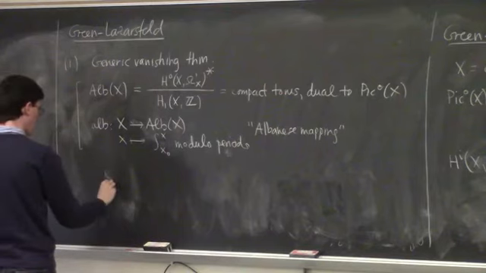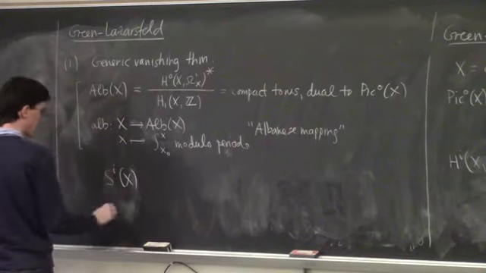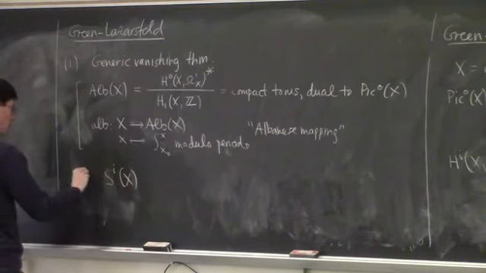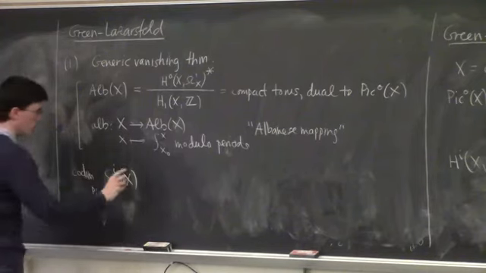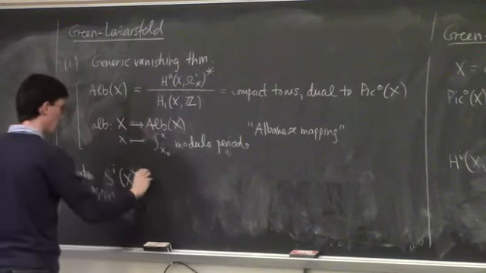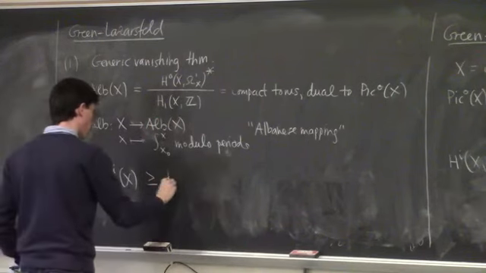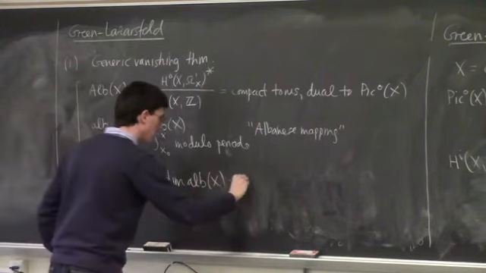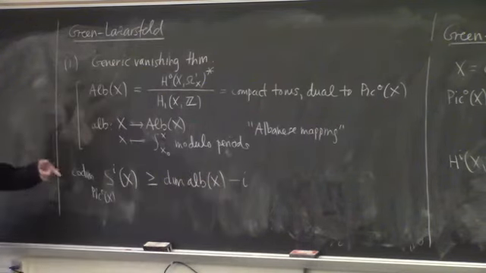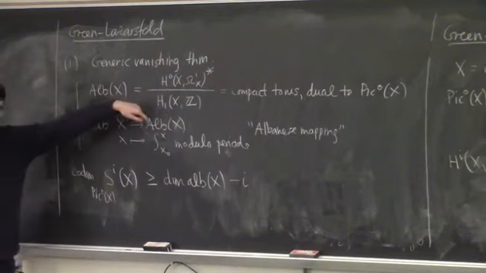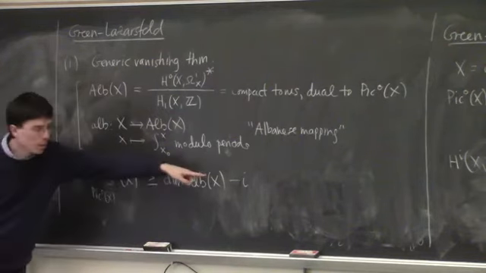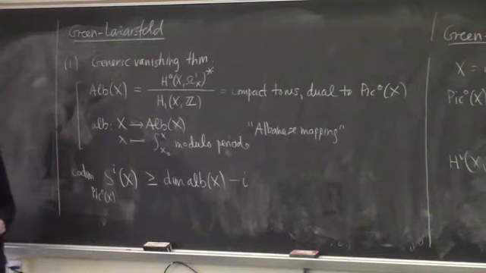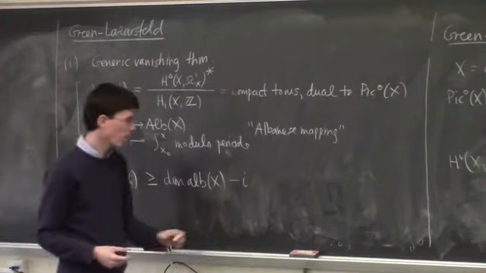And so then the first result by Green and Lazarsfeld is that if you look at these sets Si of X, you can get a bound on their codimension inside of Pic-naught of X in terms of this Albanese mapping. So the theorem says that the codimension is always greater or equal to the dimension of the image of X inside of its Albanese variety minus the degree of the cohomology that you're looking at, minus i.